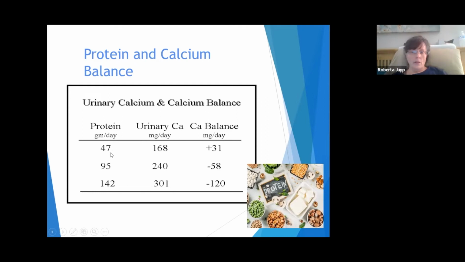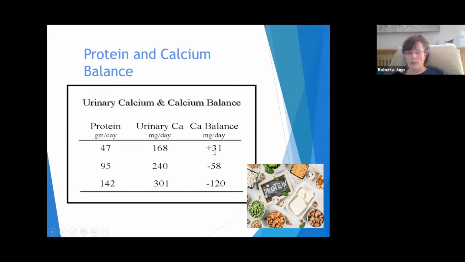Okay. So if the person ate 47 grams of protein a day, they had about 168 milligrams of urinary calcium that day, but it actually was an increase in the calcium balance. So 47 grams of protein would allow those bones to build back up.